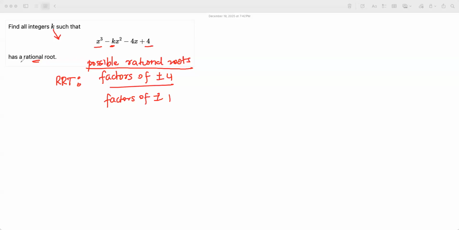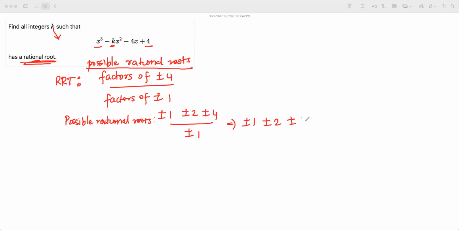Now, such that this has a rational root. If it has a rational root, what would happen? First, let me write out the rational roots. So, possible rational roots are plus or minus 1, plus or minus 2, plus or minus 4.